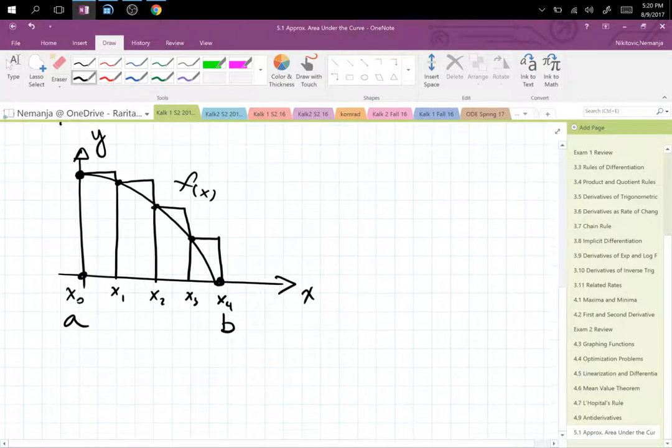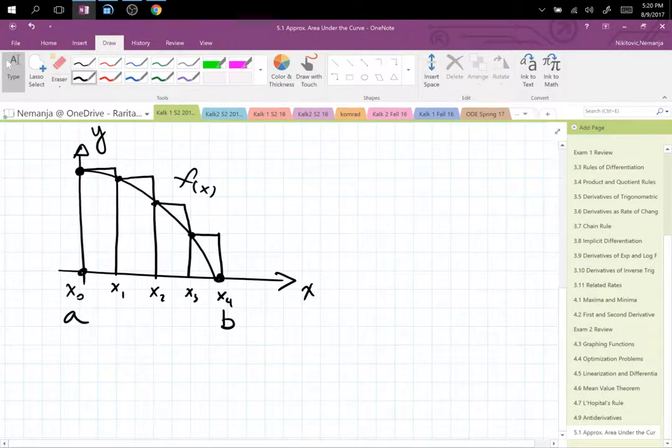Calculating the area of each one of these rectangles is very easy, but we need numbers. What I need is the length between x0 and x1. We call that length delta x, because that's a change in x from x0 to x1.